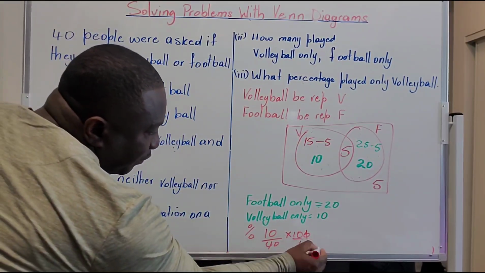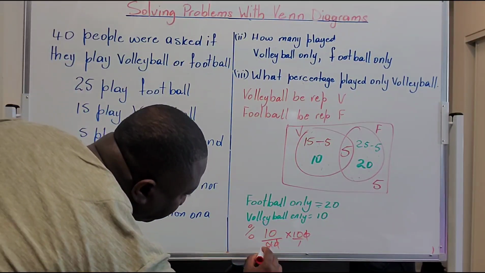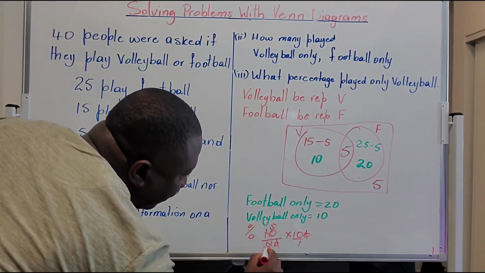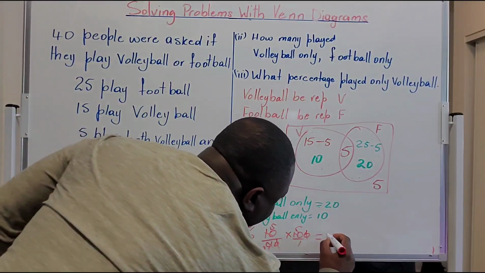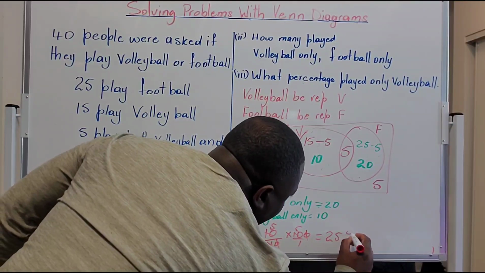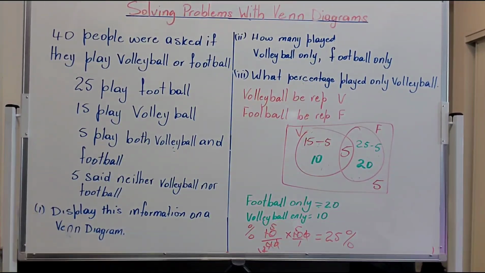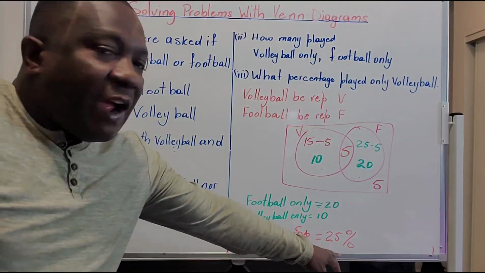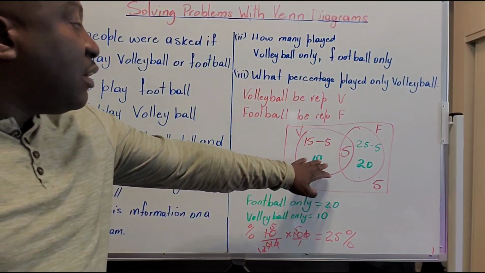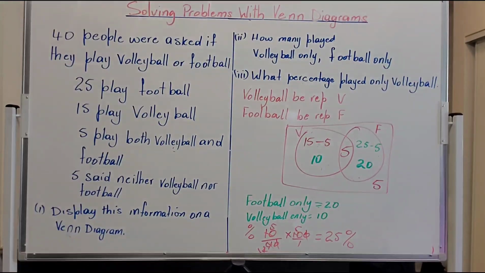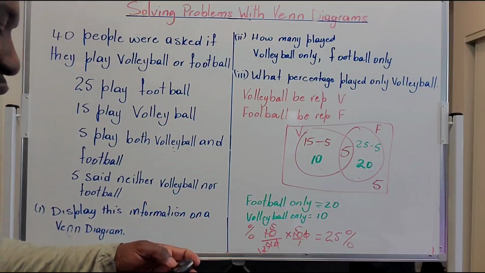We cancel the zero here, 2 into 4 goes 2, 2 into 10 is 5, 2 into 2 is 1, 2 into 10 is 5. 5 times 5 will give us 25. So of that total amount, we can safely say that 25% of the participants are playing just volleyball. They are not playing any other sport. They are just playing volleyball.